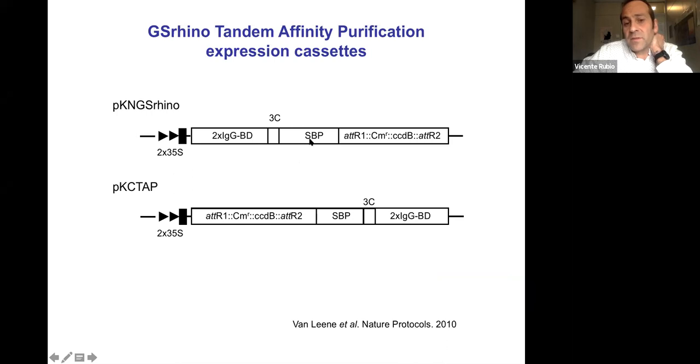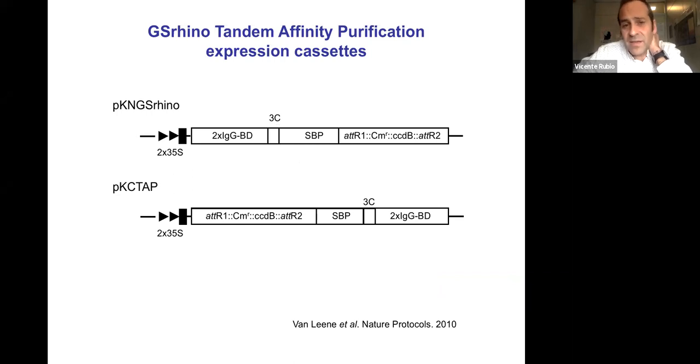For the second epitope, they use the streptavidin binding protein, which is smaller. And for the cleavage, they use the 3C protease from rhinovirus, which is active at 4 degrees.